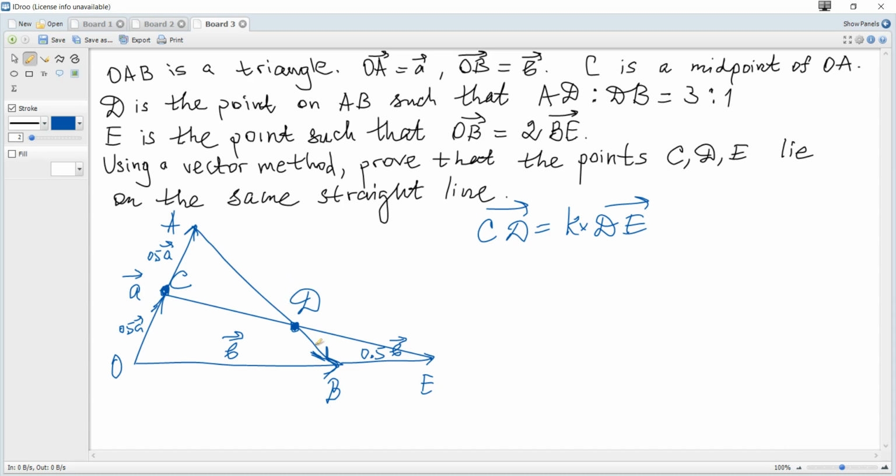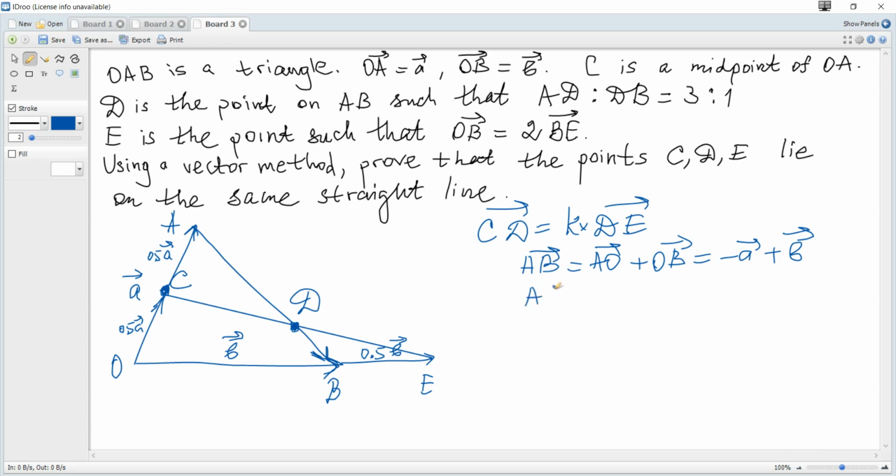So if we consider AB vector, we move from A to B in any path. So AB vector is AO vector plus OB vector. And we can see that AO is minus a, plus OB, plus b.